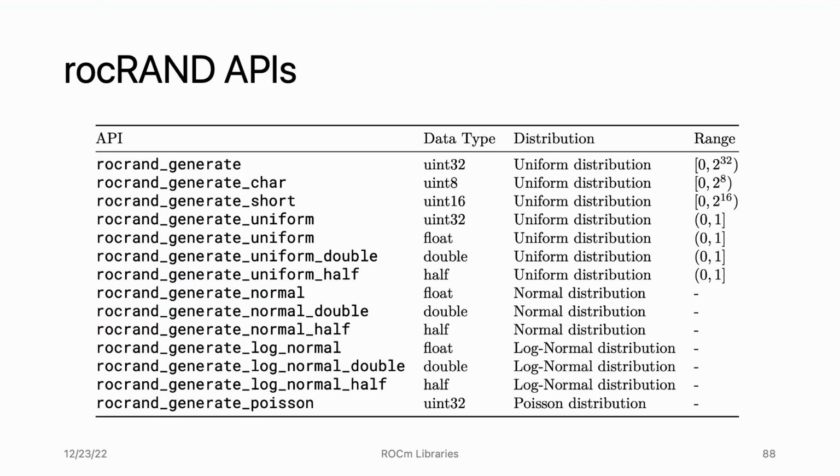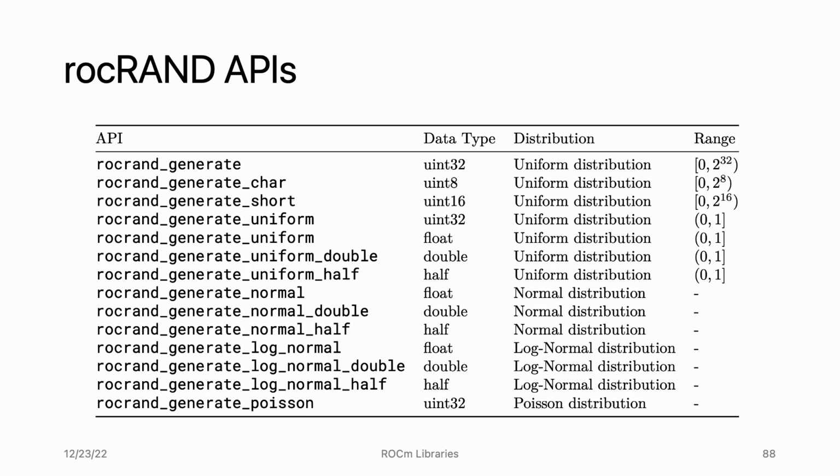The rocRand library provides many generator functions that can generate different types of random numbers. We can change the distribution, and we can also change the data type. For example, we can generate integer random numbers with different data types, from uint32, uint8, and uint16.